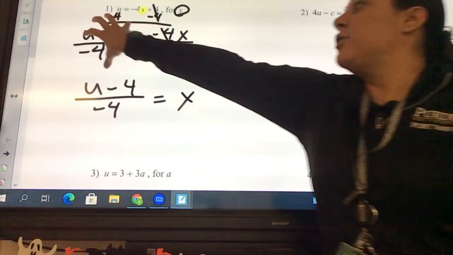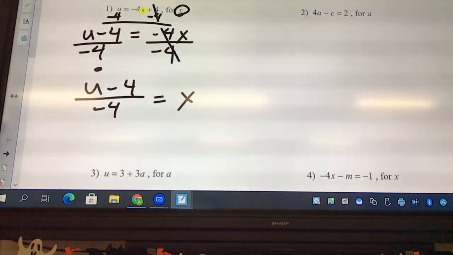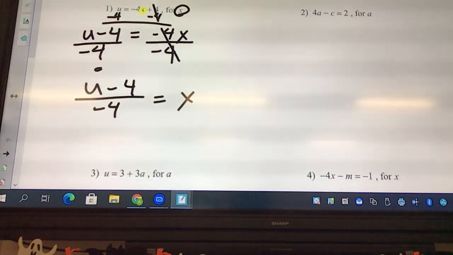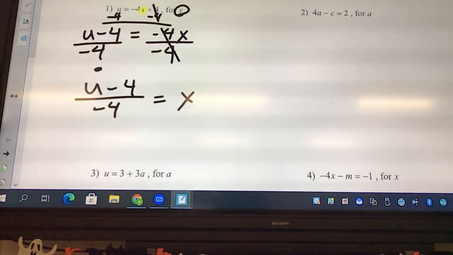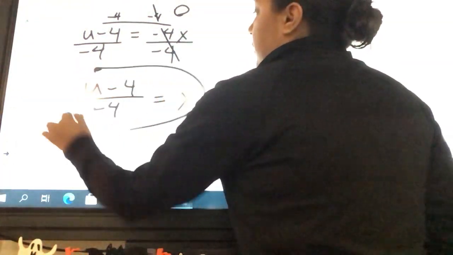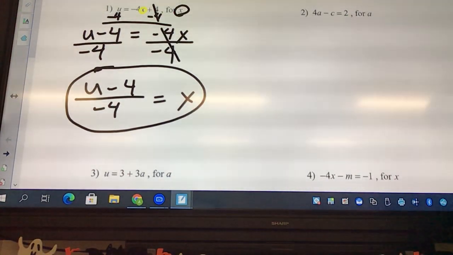I really didn't change anything over here. Once we said divide, it's just kind of writing it nicer. That's it. And this is our actual answer. The whole goal here was to get x by itself, and that's what we did.